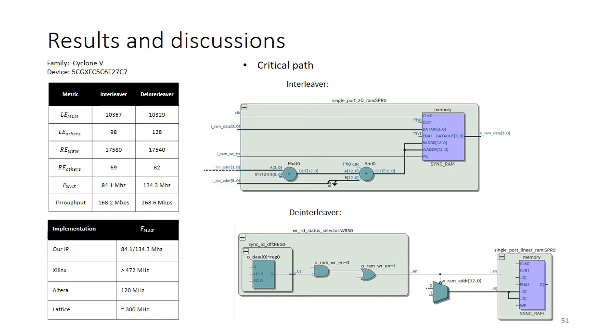It's lower for the interleaver because the synthesis tool did not synthesize a 2D RAM, and a linear RAM with a 2D to linear convert logic was instantiated instead. This additional logic, which is the critical path, was responsible for decreasing the maximum frequency. The critical path of the deinterleaver is shorter and only has a few combinational gates on it.